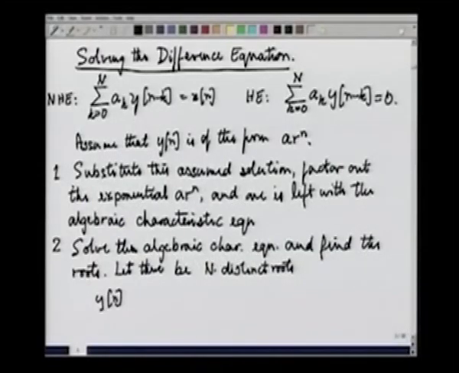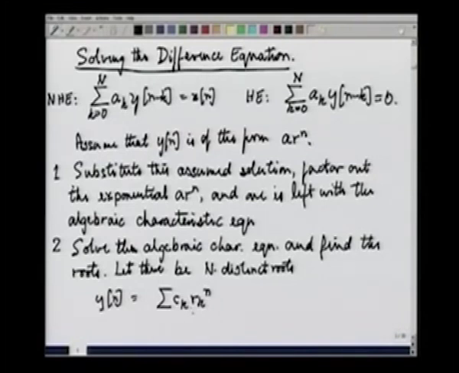So, what you would get is essentially something of the form y[n], where y[n] is the solution to the homogeneous equation. Please, we have still not even started on the non-homogeneous equation. It is of the form summation, let us call the arbitrary constants C_k, r_k to the power n.